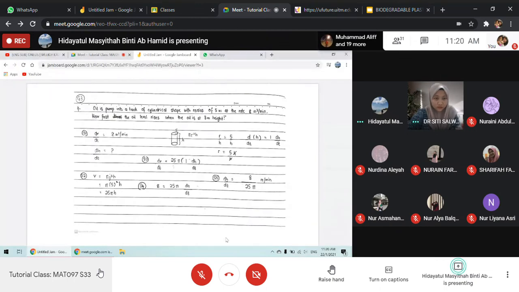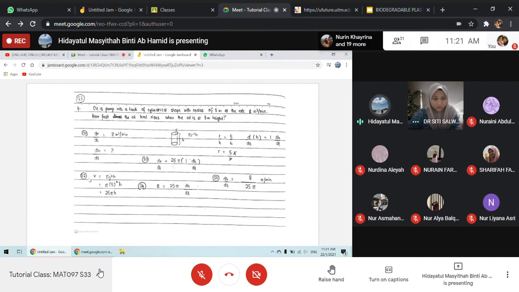Okay, the question is, oil is pumped into a tank of cylindrical shape with radius 5 meter at the rate 8 meters cube per minute. How fast the oil level rises when the oil is at 3 meter head? So for my first step, saya bawa keluar dia punya rate dv over dt, and then the question was dh over dt.